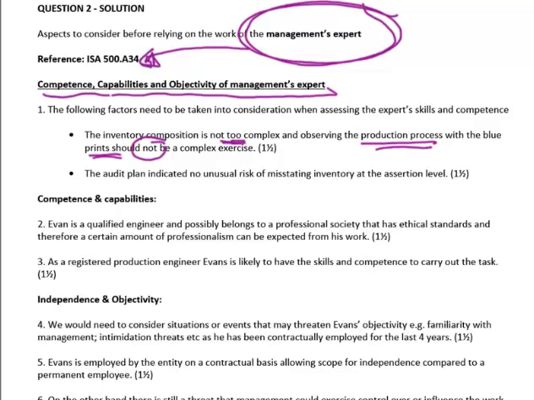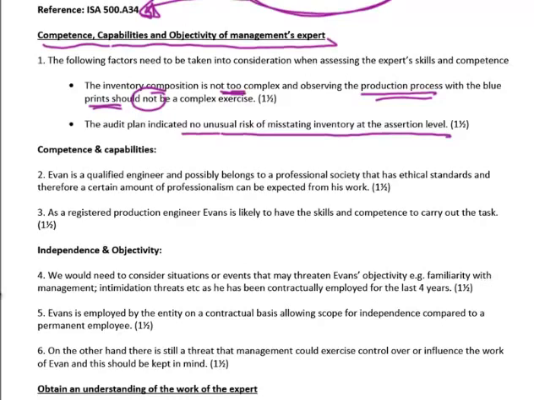It says the audit plan indicated no unusual risk of misstating the inventory. Okay, so it's not a highly risky section. There shouldn't be something that's difficult to value. So for example, if you're valuing chemicals, there'd be a whole bunch of factors taken into account and we'd need somebody that's highly skilled. In this case, there's no unusual risk. It's plain, simple, straightforward inventory. Okay, so based on that, competence and capabilities, right?